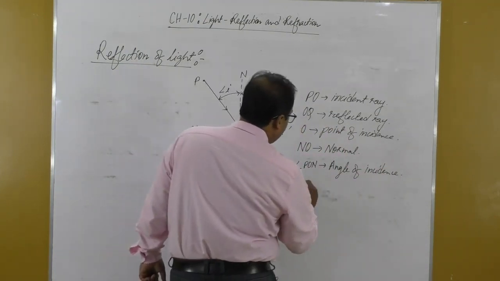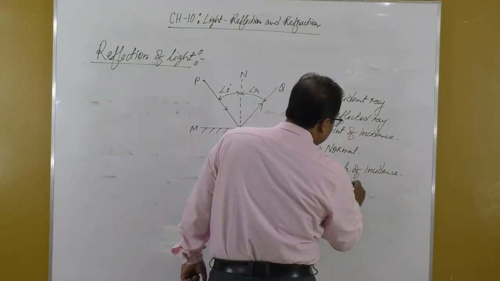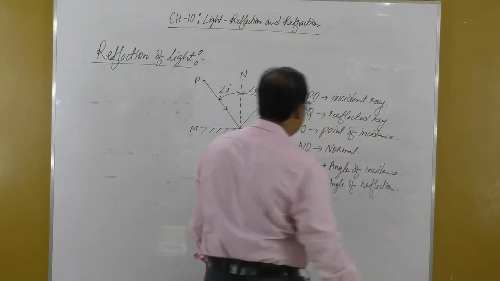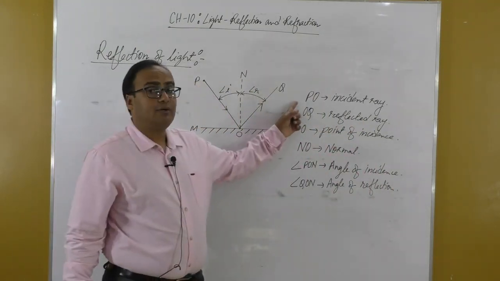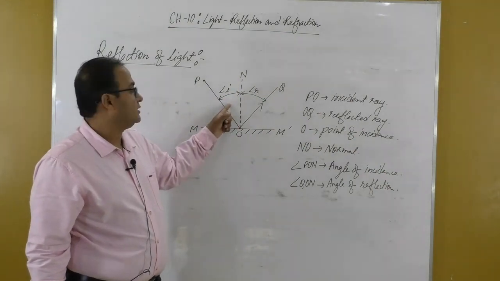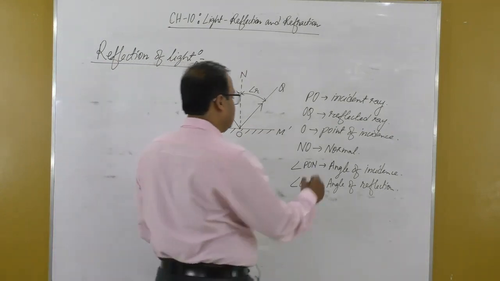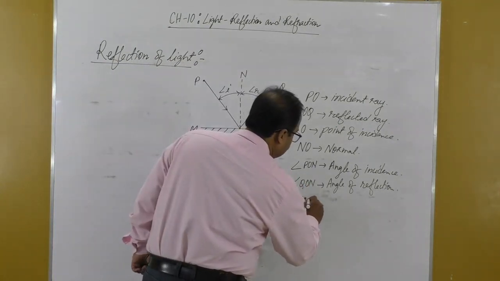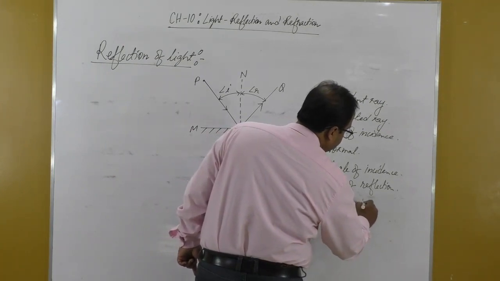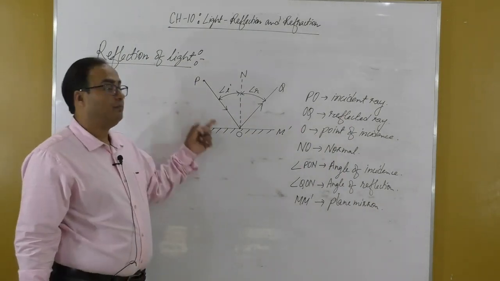Angle QON is the angle of reflection. So PO incident ray, OQ reflected ray, NO normal, this angle of incidence, this angle of reflection, and we already discussed that M dash is the mirror. Here it is plane mirror. So this diagram shows reflection of light by plane mirror.